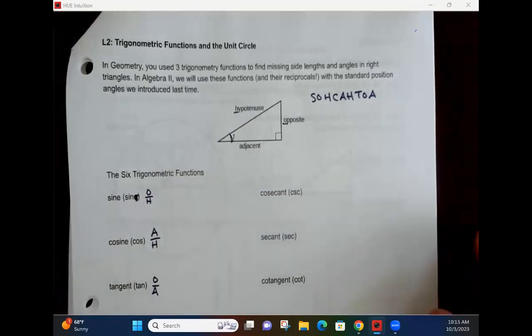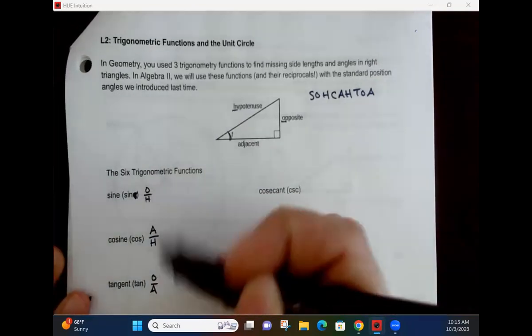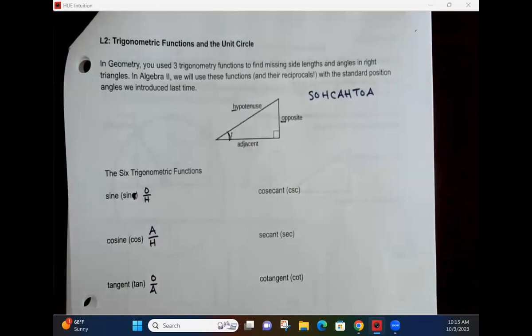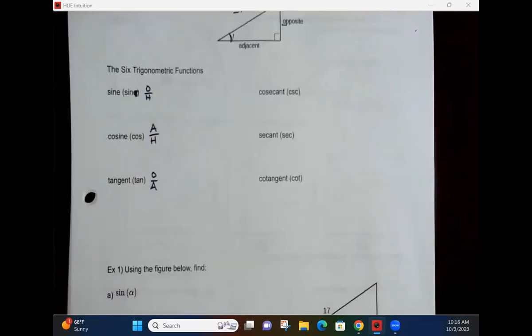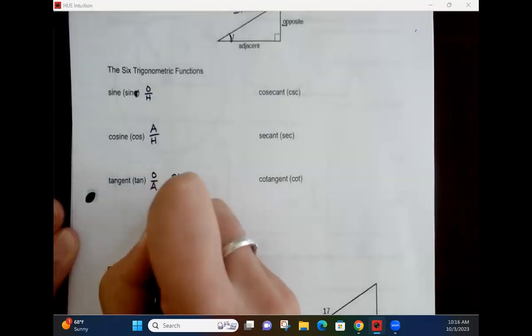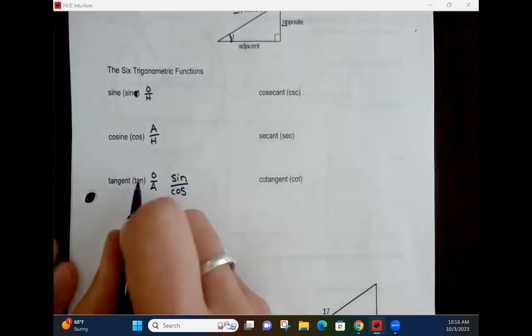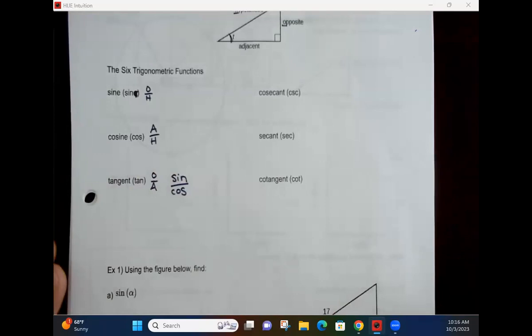In Algebra 2, we will also use these properties to an extent, but we'll also say that tangent we can define as sine over cosine. So sine of my angle over cosine of my angle is another way that we can define tangent.